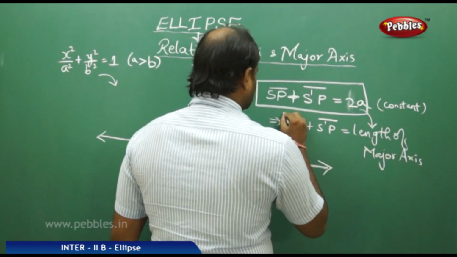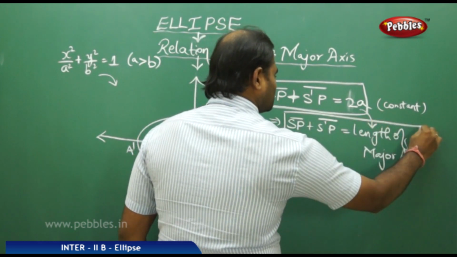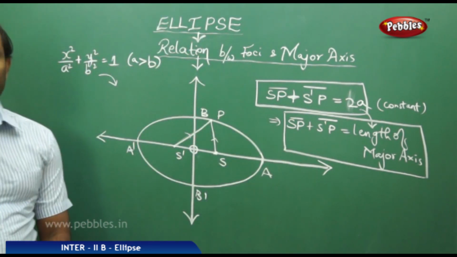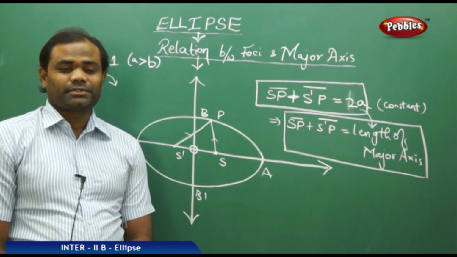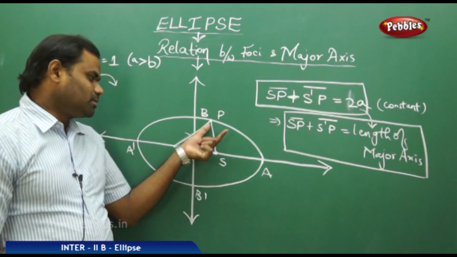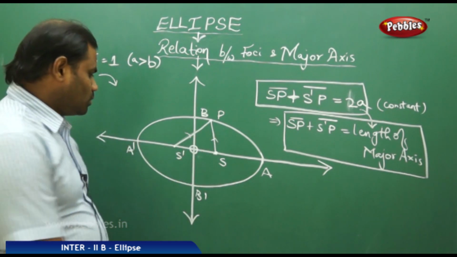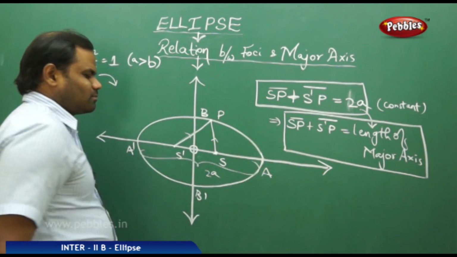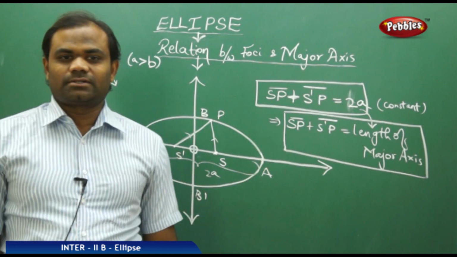That is how we identify the length of major axis connected with S, S dash and P. SP plus S dash P is equal to 2A, the length of major axis.